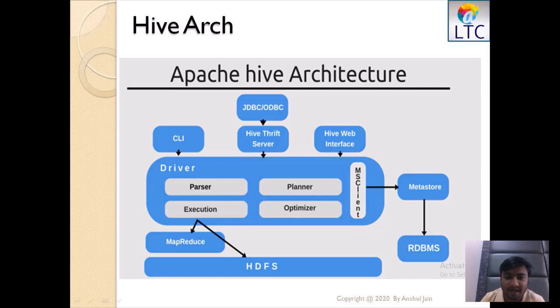That query will go to the Hive execution engine or driver, and that driver component will parse our query and create a logical plan. That logical plan will be converted to an execution plan. Then finally it gets optimized, and then at the end we get our physical plan.